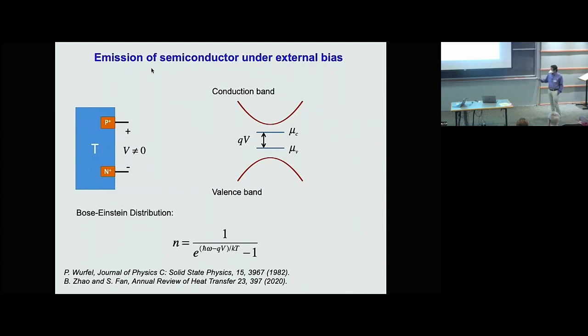And so in particular, as was pointed out by Peter Wolfel many years ago, when you look at the emission of a semiconductor under external bias, you need to write a Bose-Einstein distribution with qV being the chemical potential for light. So this gives you a number of unusual opportunities.